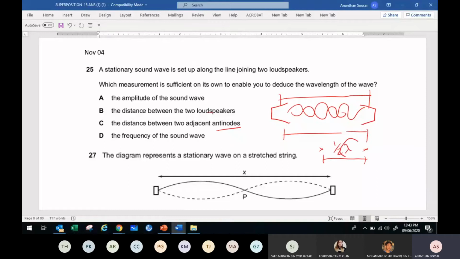So we times 2, we can get the wavelength. So the best choice is C. The distance between two antinodes can give us the wavelength very easily. B, two loudspeakers, we don't know how many loops form inside, so you can't get the wavelength. So C is the best answer.